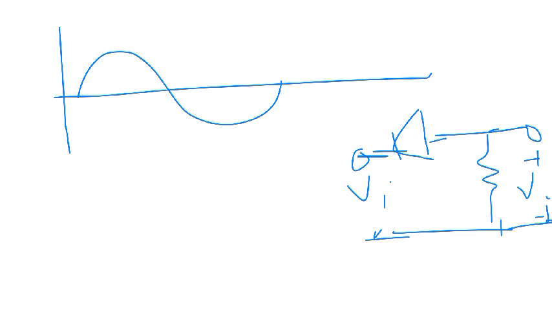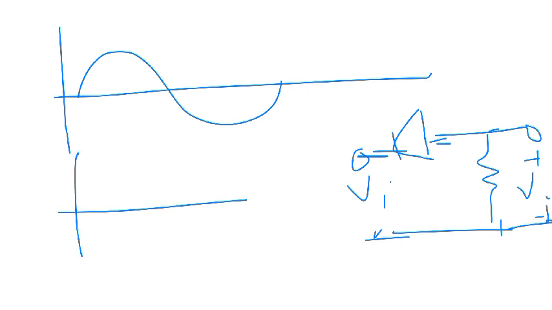We are taking the output here. During the positive half cycle, when the input is positive, this diode becomes reverse biased. So for positive input there is no output.